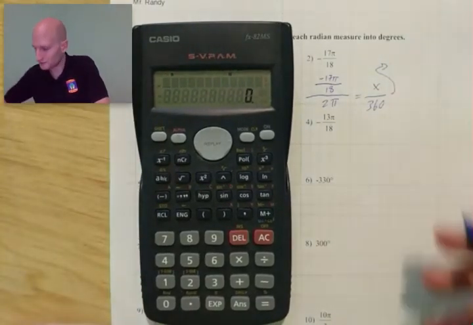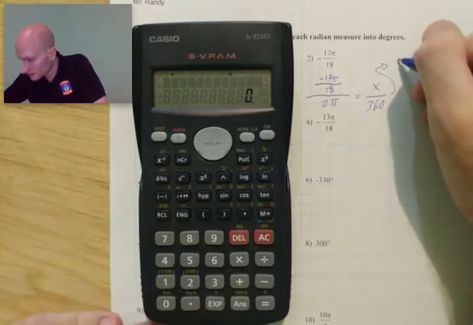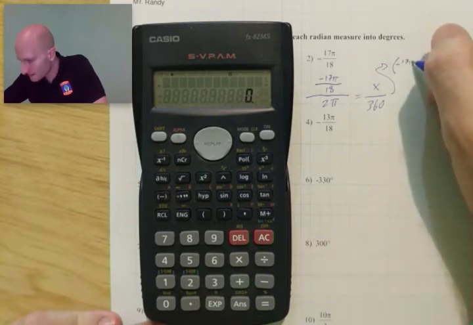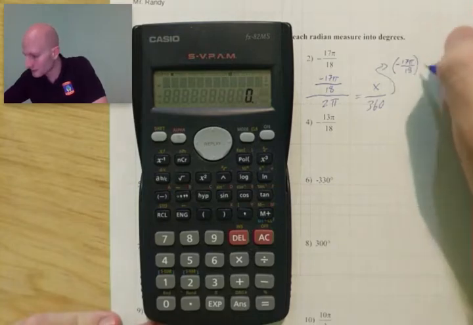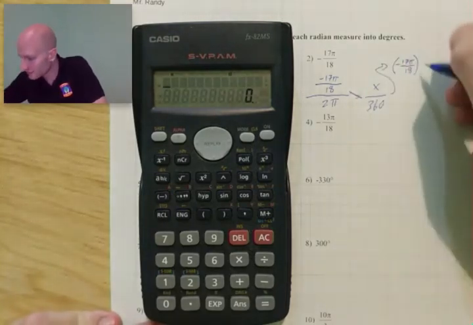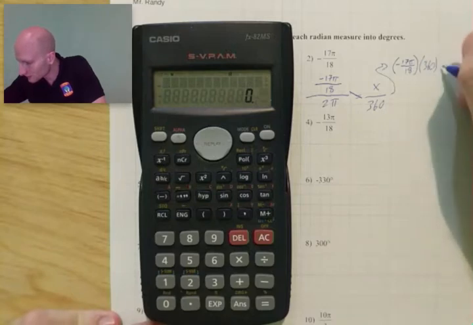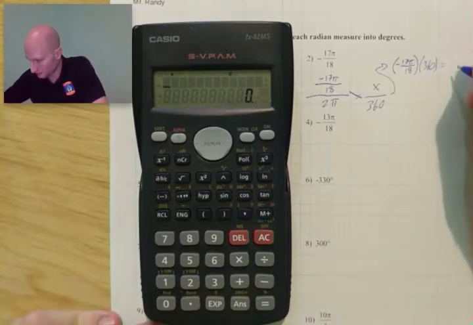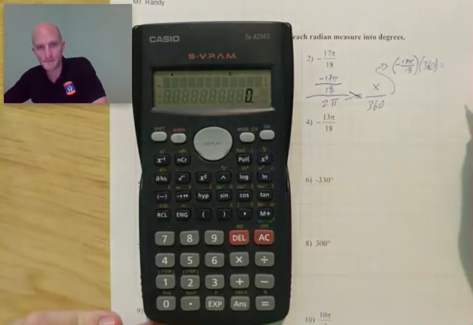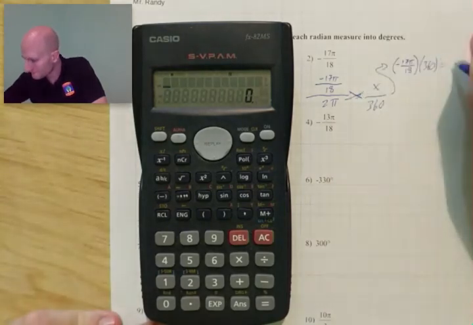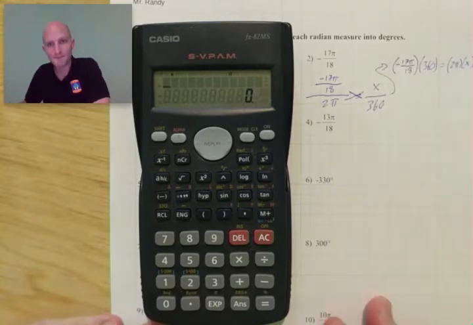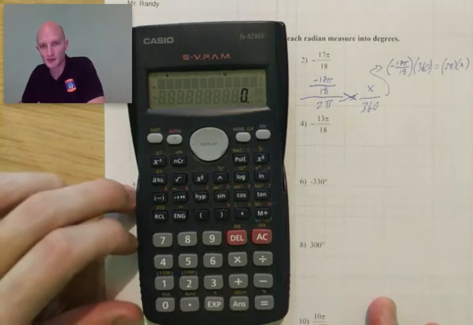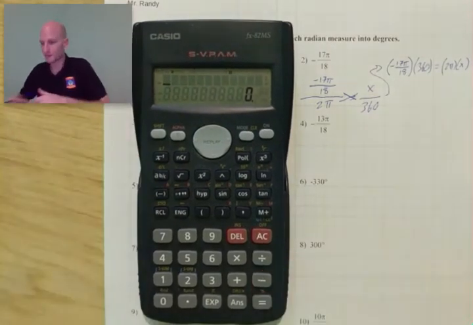So we're going to do the negative 17 pi over 18 times 360 equals the 2 pi times x. Right, there it is. So now, watch how I do this in the calculator.